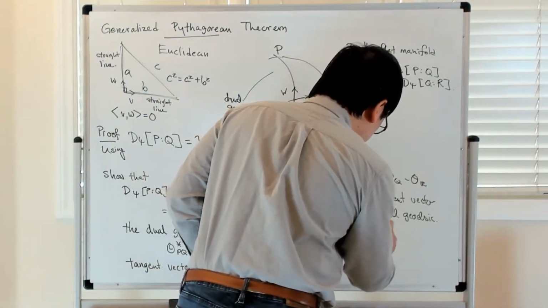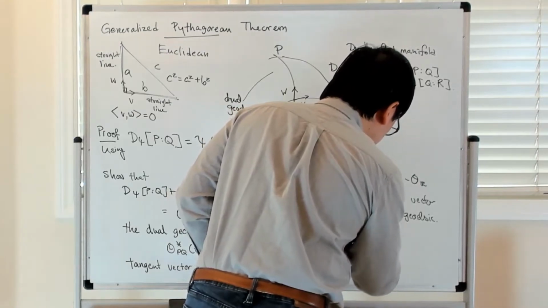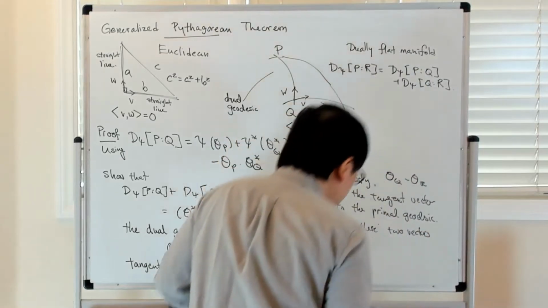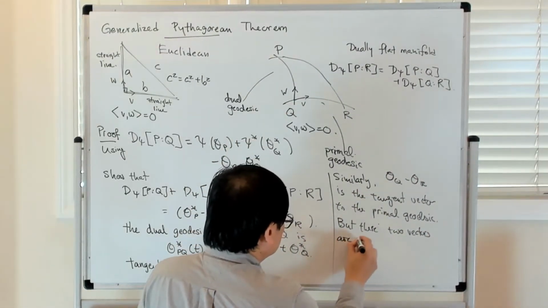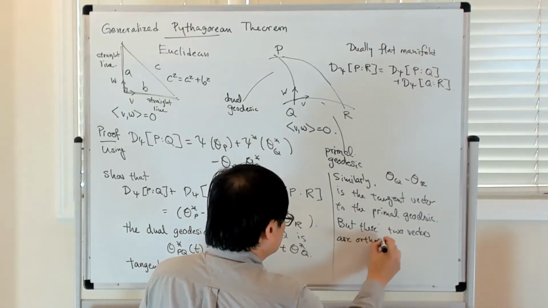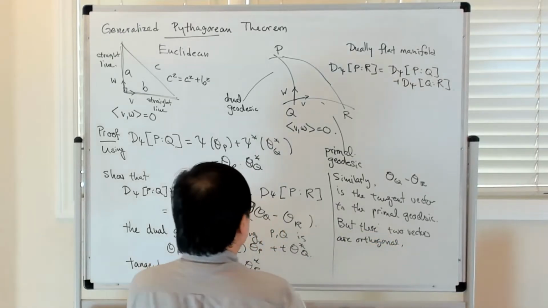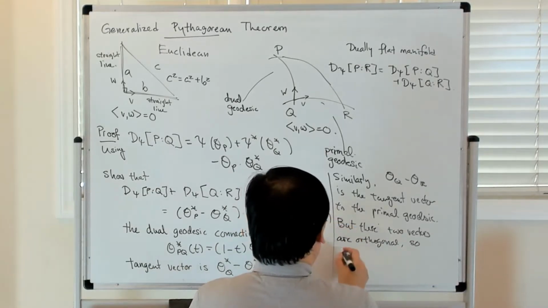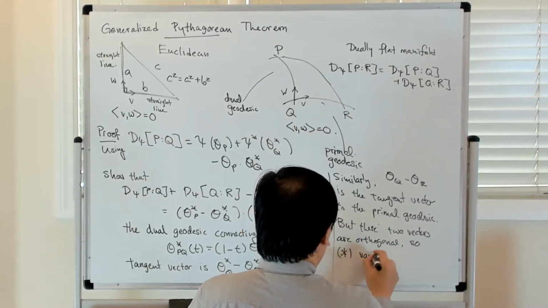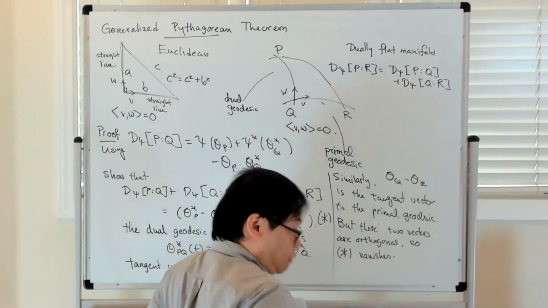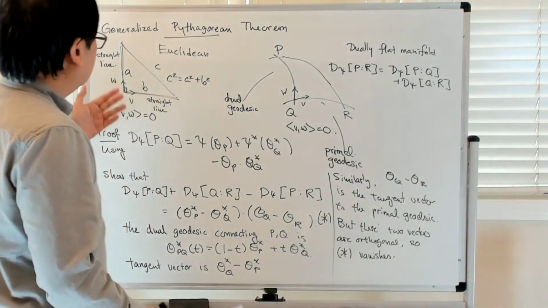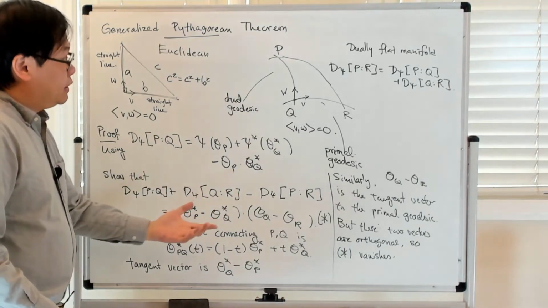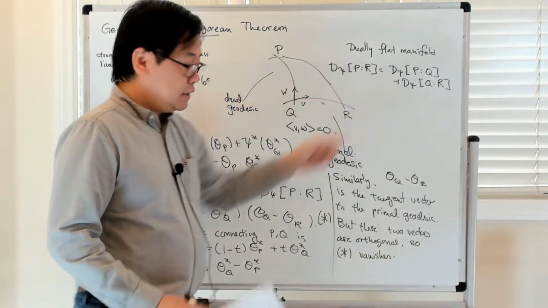But these two vectors are orthogonal. So this term here vanishes, which proves the generalized Pythagorean theorem, right? Because this plus this minus this being 0 is exactly equivalent to this statement here.